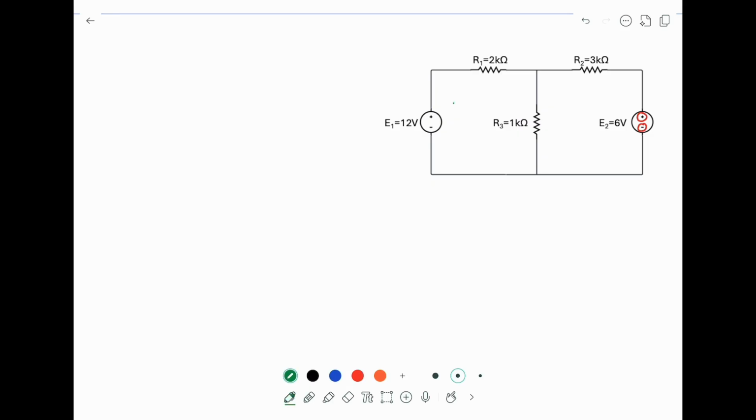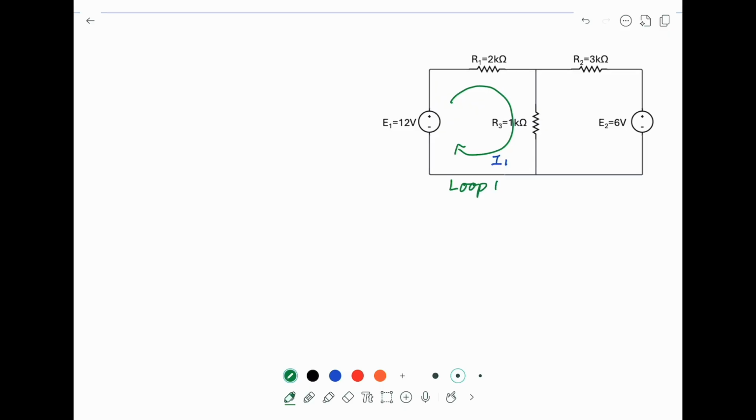So this is loop 1, and we imagine again the mesh current I1 flowing around loop 1. Now loop 2, you have two choices. You can draw this one clockwise or counterclockwise.